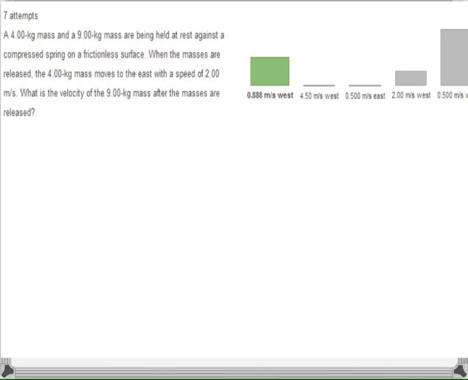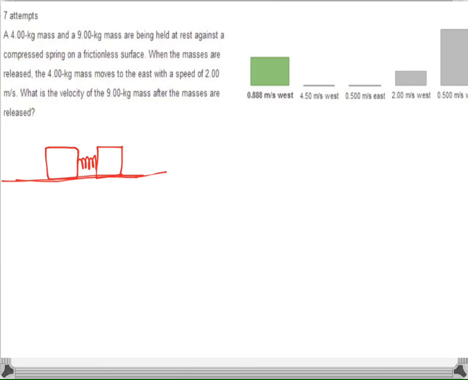Let me draw a picture. The first one, and we have a compressed spring and these are on a frictionless surface.